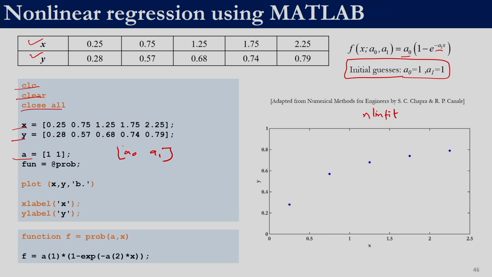Wherever we get the values, the first value will correspond to a naught and the second value will correspond to a1. So, if the initial guess instead of 1 1 had been 0.8 and 0.2, then we would have given a is equal to 0.8 and 0.2. So, it is important to have a convention and stick to it throughout the problem. We will stick with a naught comma a1.